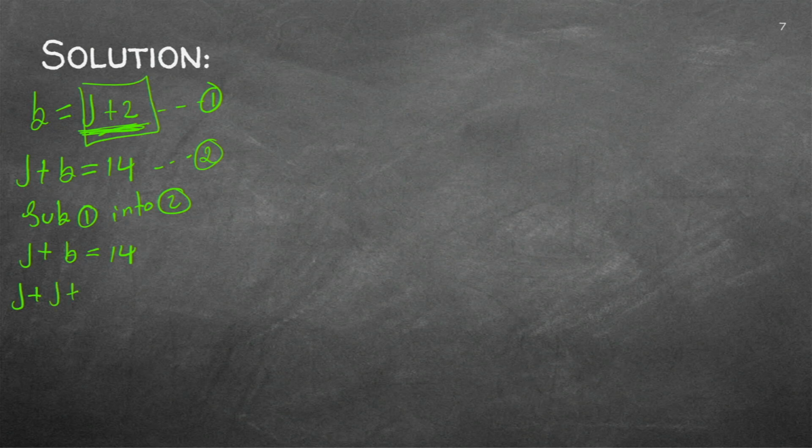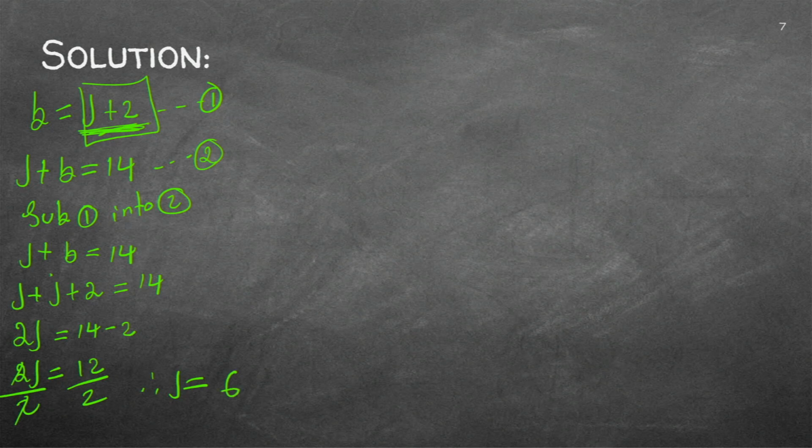So this is J plus 2 equals 14. So if you add J and J, that gives you 2J equals 14 minus 2, and this becomes 2J equals, what is 14 minus 2? That gives you 12. And if you divide by 2 both sides, therefore we know that Jane got 6.